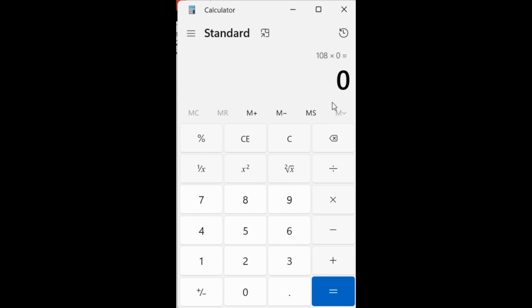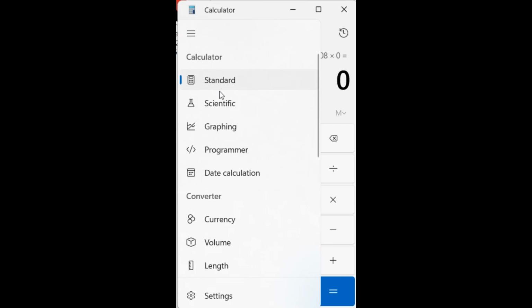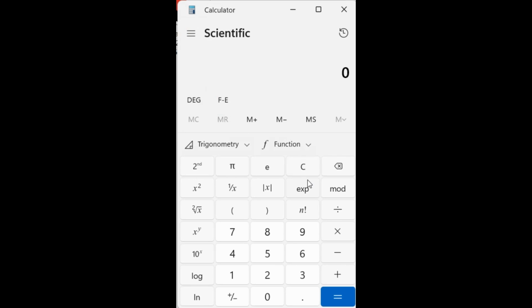Notice, though, that the calculator is in standard mode, and what I'm left with is 108 times 0, which is incorrect. This is the incorrect answer, and it's because this calculator works in what is called immediate execution mode and not what's called expression mode.